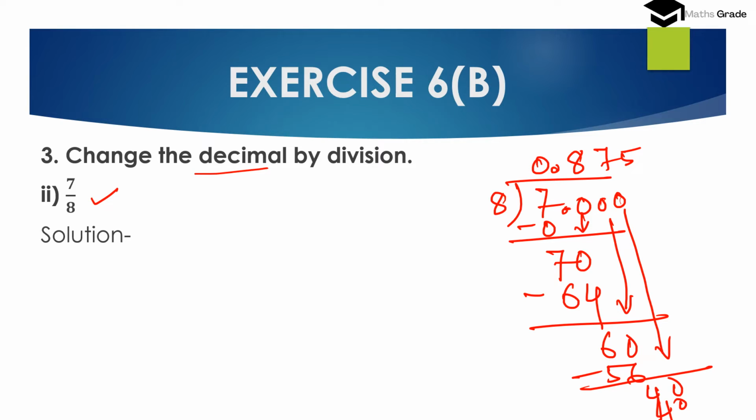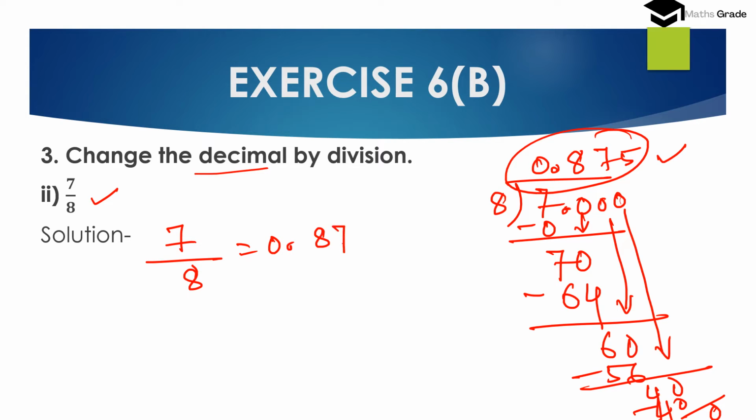Now 40 minus 40 is 0. Now 0.875. So 7 divided by 8 is 0.875. And 0.875 is the decimal form of the fraction 7 divided by 8. So 0.875 is the answer.